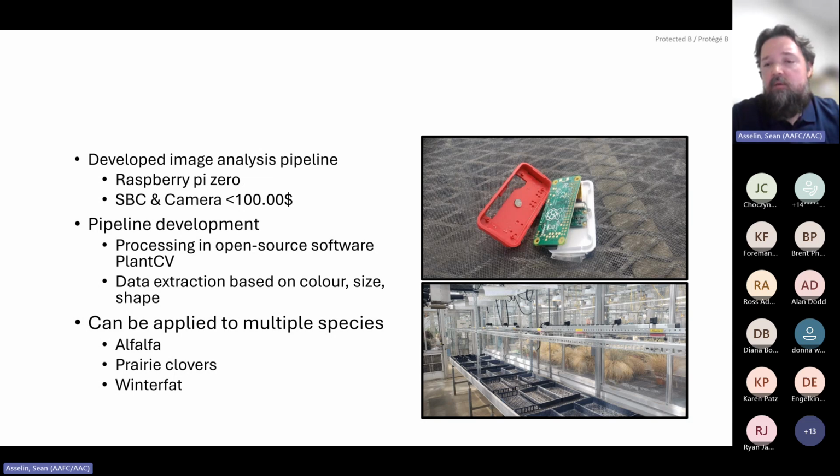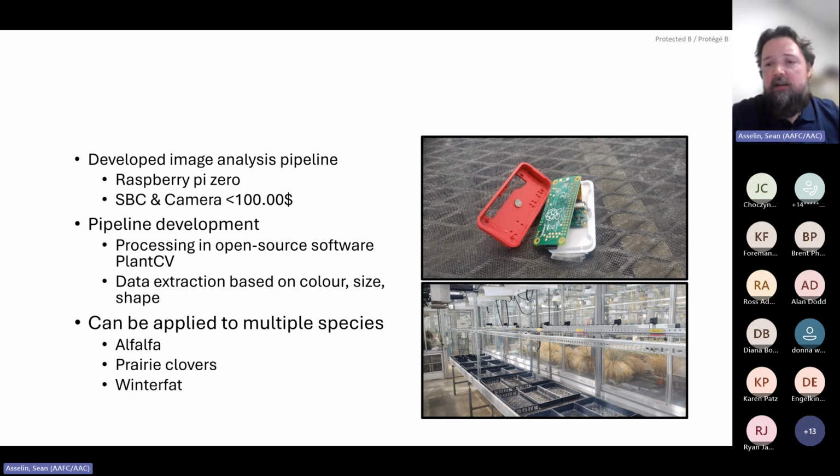Right now, we're doing about 4 images per day to look at germination characteristics of different populations of prairie clovers to see if we have variation in traits relating to vigor. All this work is being processed through in-house pipelines we've developed using open source software, such as PlantCV. From these images, we're able to extract size characteristics on seedlings, as well as shape, as well as get counts on emergence.